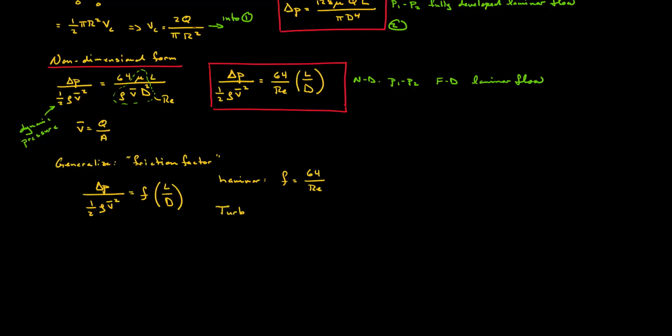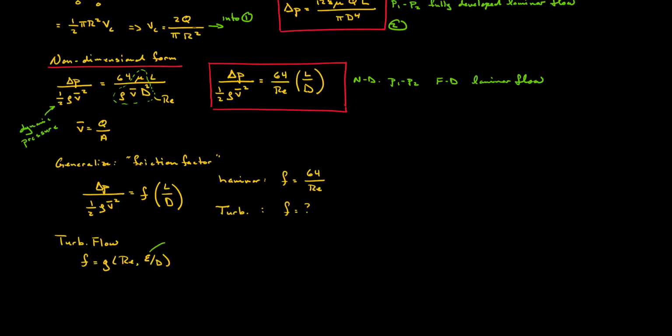For a turbulent flow, we are not so lucky to have this neat little closed form relationship. What we can show through dimensional analysis is that for a turbulent flow, the friction factor is a function, so why don't I call this a function g, of the Reynolds number and what we call the surface roughness.